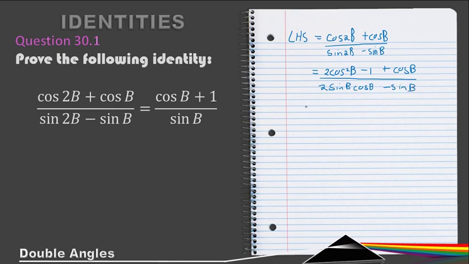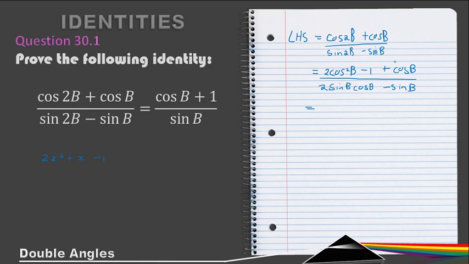Alright, now let's see if we can factorize some of these things. If I rearrange this one, let's replace cos b with x for a moment: 2x squared plus x minus 1.